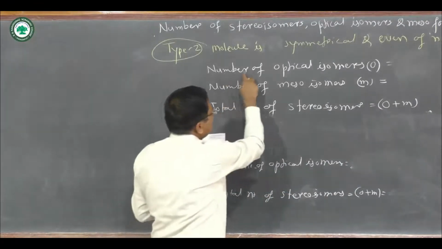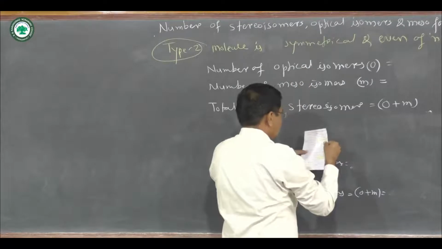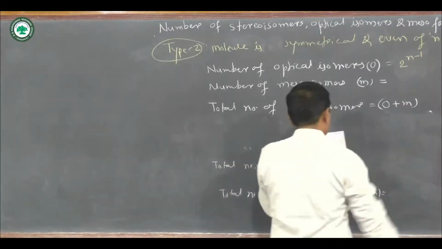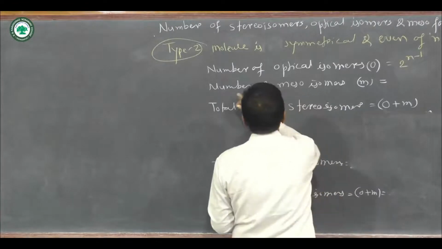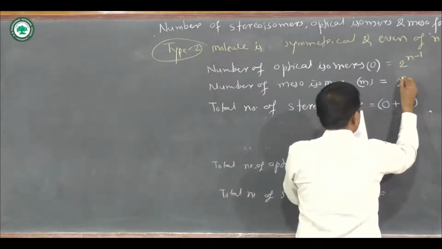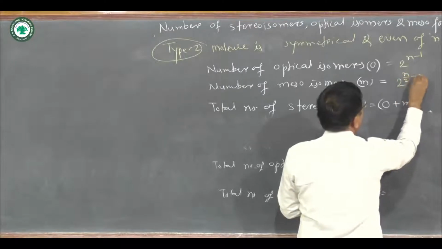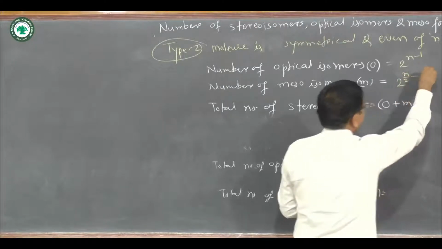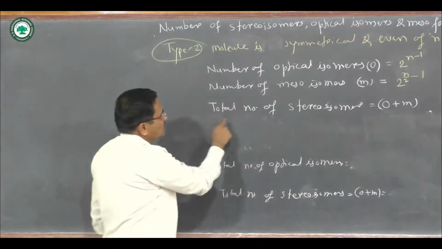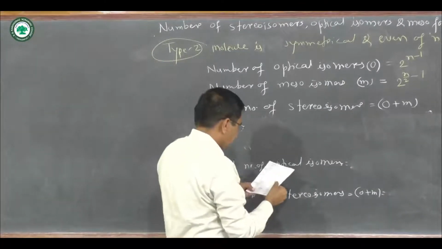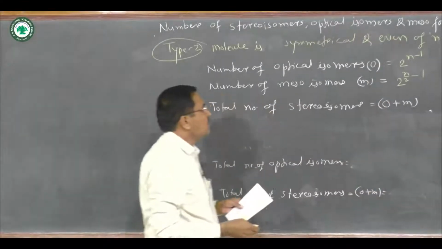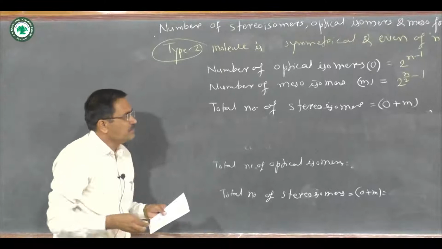The number of optical isomers is 2 to the power n minus 1, and the number of meso isomers is 2 to the power (n by 2 minus 1). The total number of stereoisomers is equal to the sum of optical isomers and meso isomers.